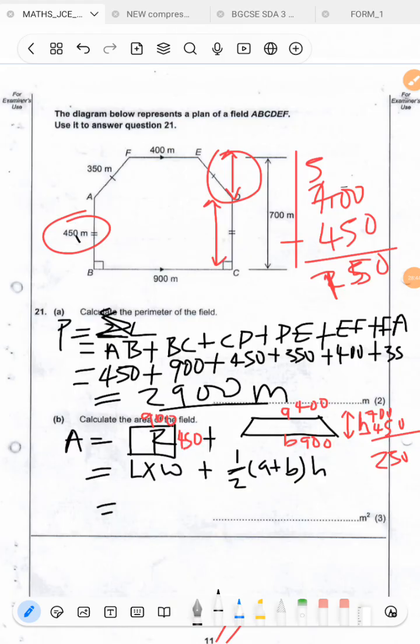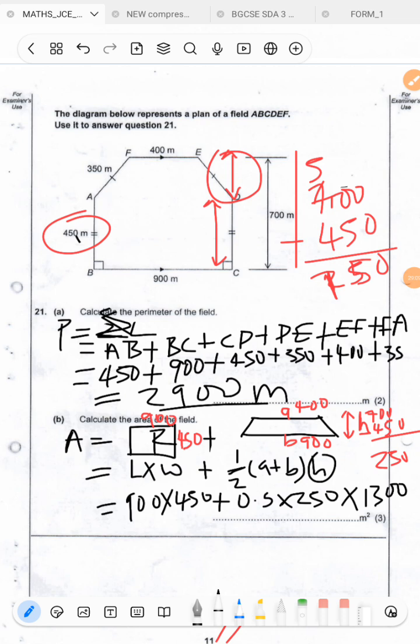Always make sure that you have everything correct. So 900 times 450 plus the half, which is just 0.5, times the height, which is 250, times a plus b. 400 plus 900 is going to be 1300. And then you punch that into the calculator, and then what do you get?